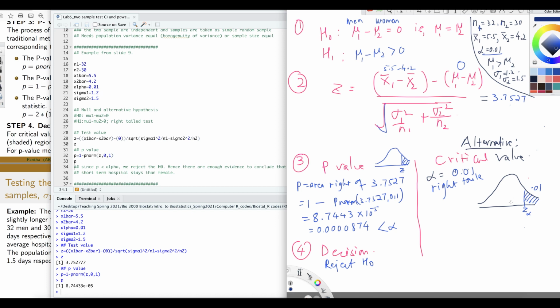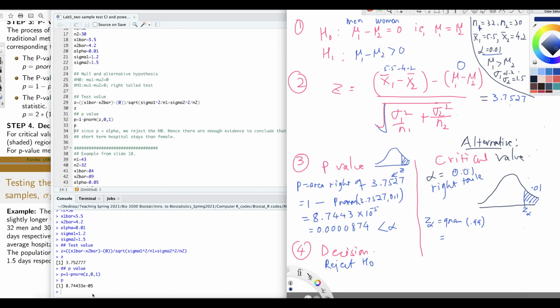How do I find that out? Here G was given and you were finding the area, so you use P norm. But here you are finding the G alpha, so we need to use Q norm for that. G alpha equals Q norm of the left area, which is 0.99. So let us find out that Q norm of 0.99.